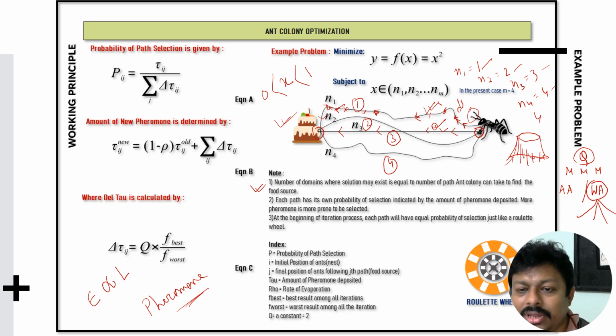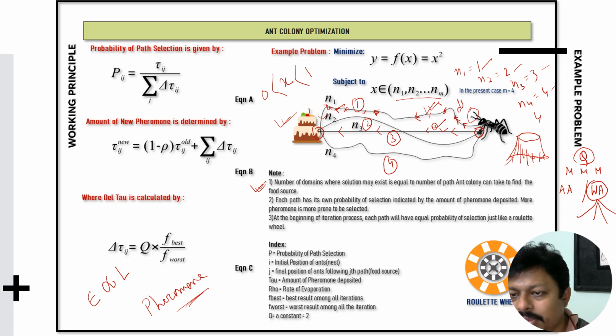As there are 4 solutions to this problem, that is 4 discrete domains where the solution can be found, let us assume that the ants can take only 4 different paths, each indicating one solution.